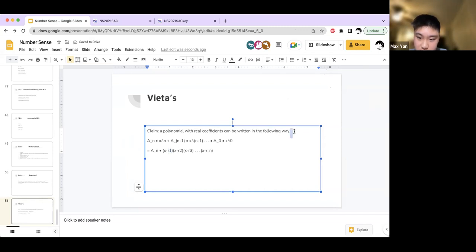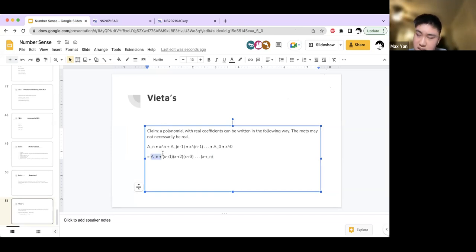The roots may not necessarily be real. They could be imaginary numbers like 2 plus 3i, but we're not going to really care about that for now.